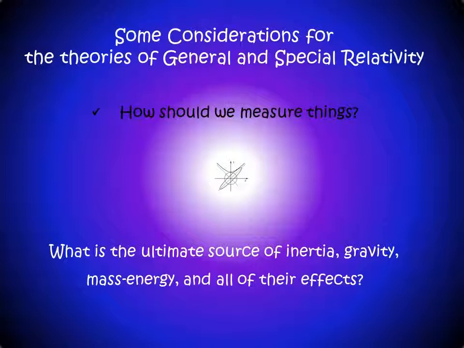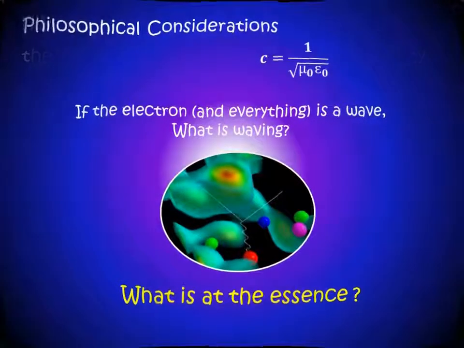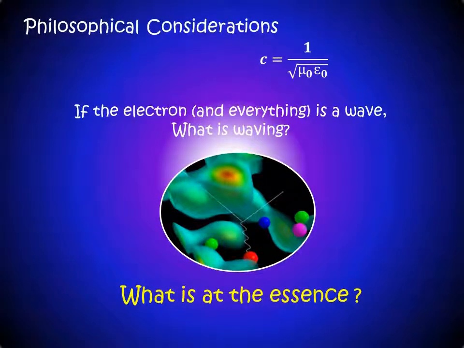And so what exactly are we looking at here? If the electron and everything is a wave, what's waving? That's been asked by many. And we find that the nature of the space that we're in points directly at light, as the speed of light. And so what's at this essence?